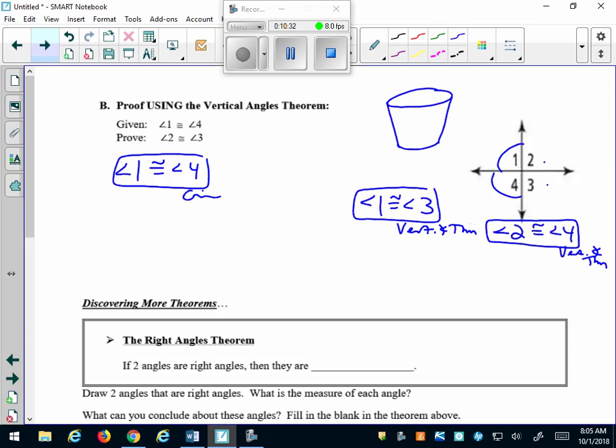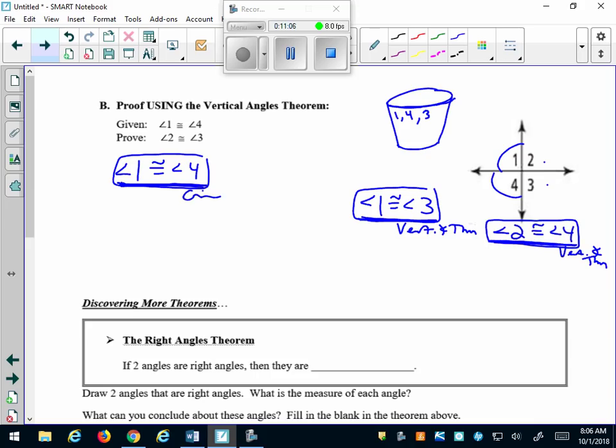The idea of the transitive bucket is whenever you have a congruent statement or equal statement, you could put that pair of angles into the bucket. 1 and 4 go in the same bucket because they're stated congruent to each other. When you get to your next congruent statement, 1 is congruent to 3, well, 1 and 3 could go in the same bucket. Since 1 is already in this bucket we've started, then 3 can be added because it partners with 1.